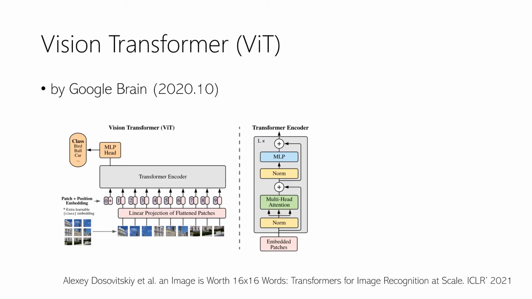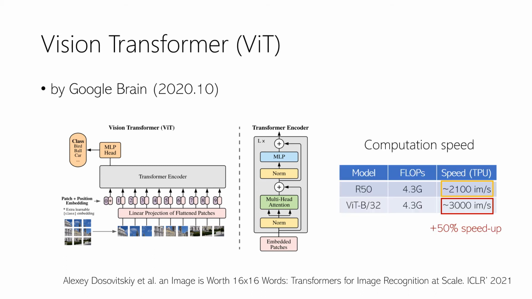The situation was changed by a milestone work from Google, ViT, as we have introduced at the beginning. In addition to the impressive results on image classification, it has another interesting behavior. Please see this table. On a TPU, it's even 50% faster than ResNet with similar FLOPs.